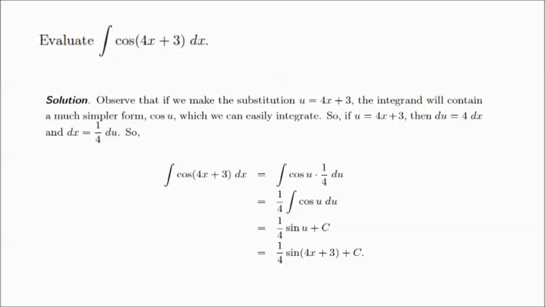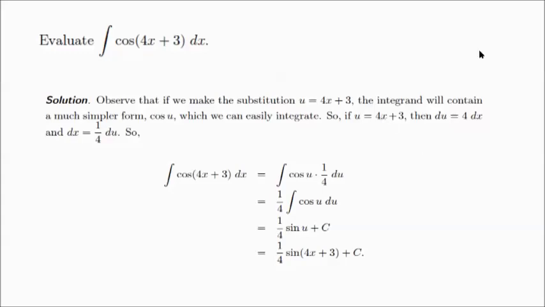Pero ito kasi, polynomial siya class, or in this case, binomial, 4x plus 3. So yung u dito is yung mismong function na nakadikit kay cosine, which is 4x plus 3. Derivative nito is 4 dx class coefficient.